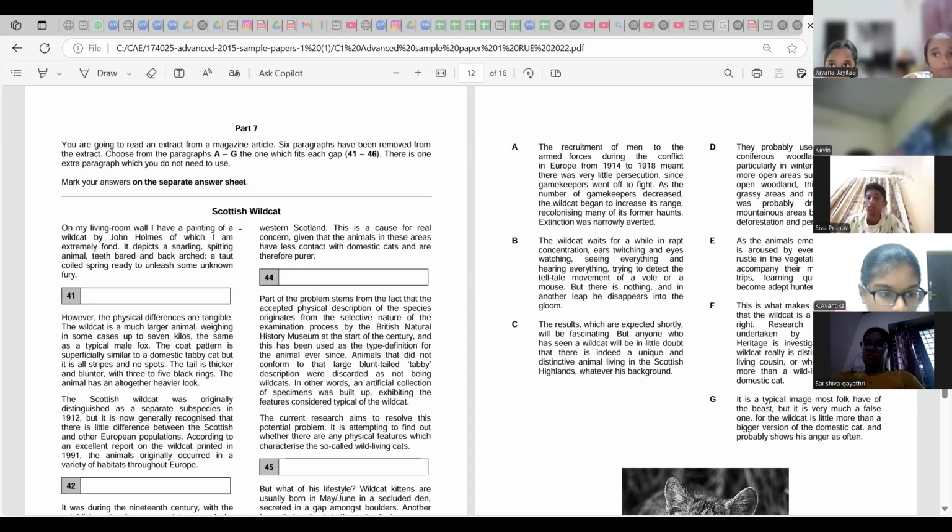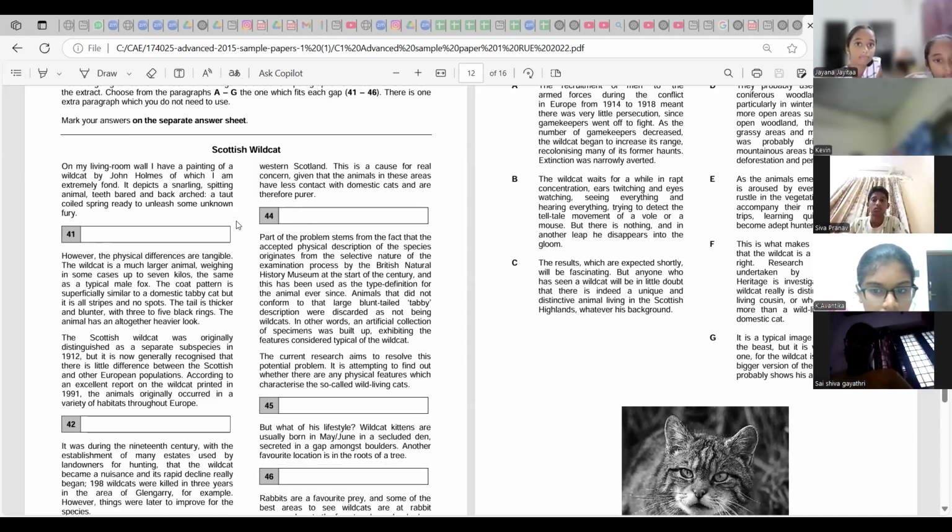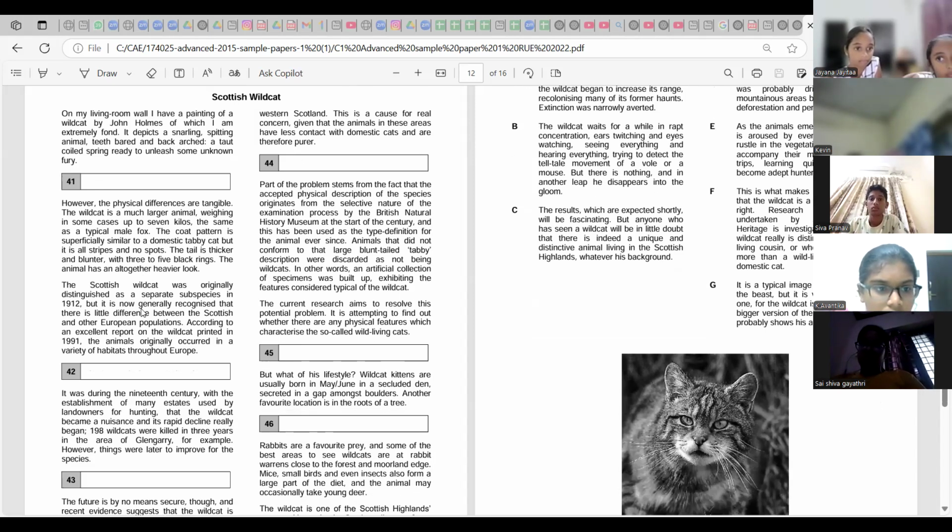The tail is thicker and blunter. You are going to face this kind of a thing right in between. The tail is thicker and blunter, with 3 to 5 black rings. The animal has an altogether heavier look. That wildcat is huge. That's what the author is saying. Very good. Now you got an idea. Siva, paragraph 3.